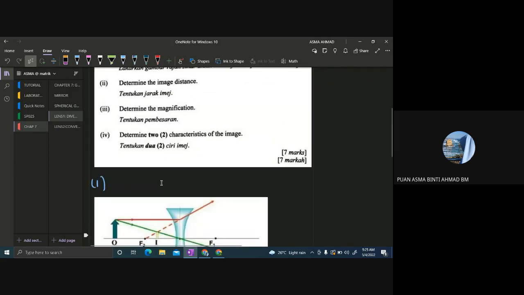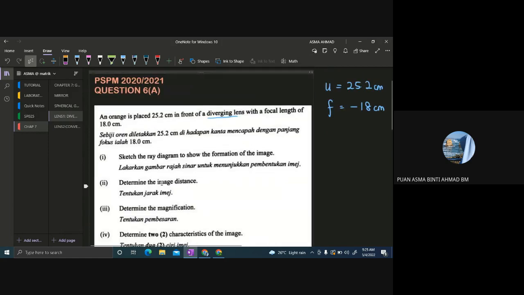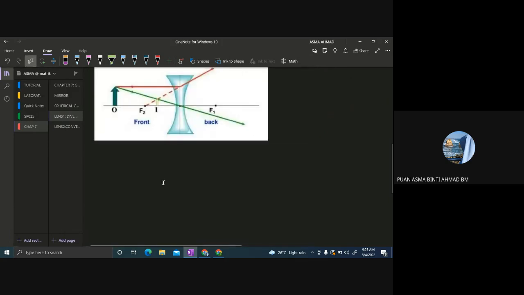For the second question, it asks for the image distance. To solve this problem, we use the thin lens equation: 1 over f equals 1 over u plus 1 over v.